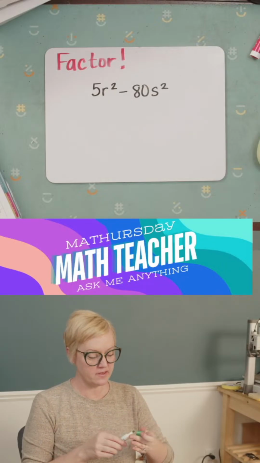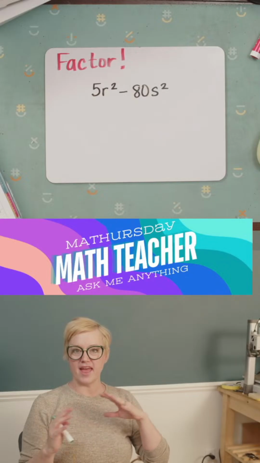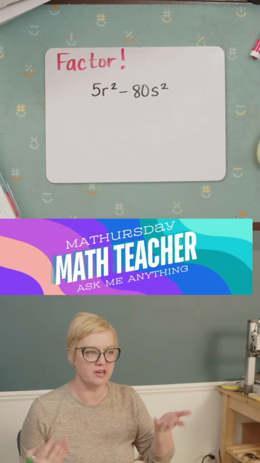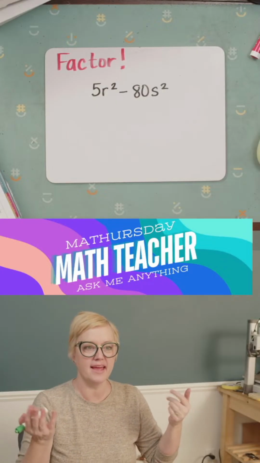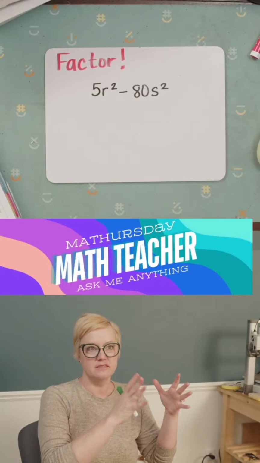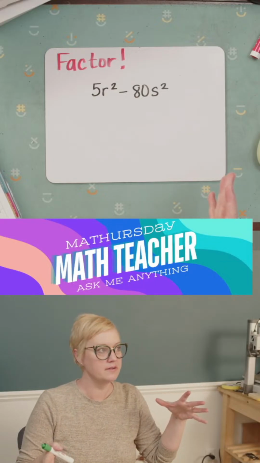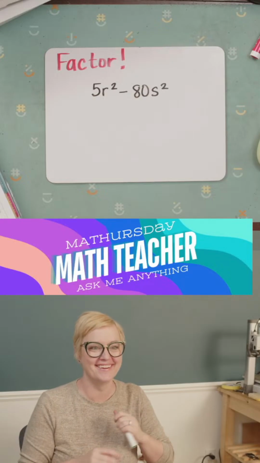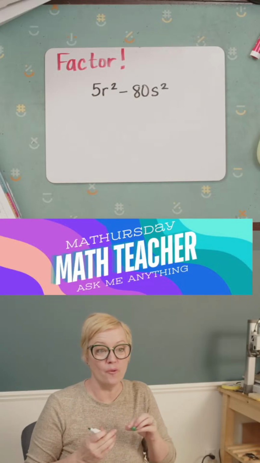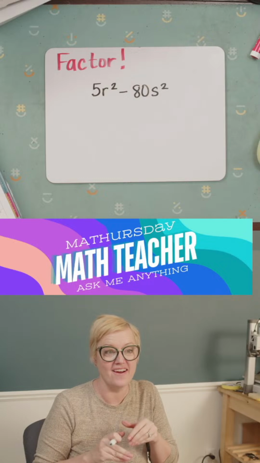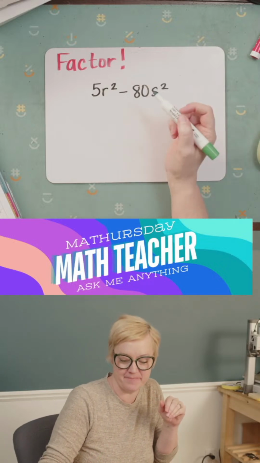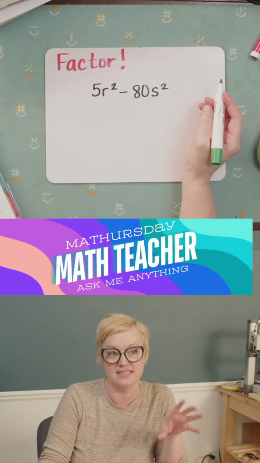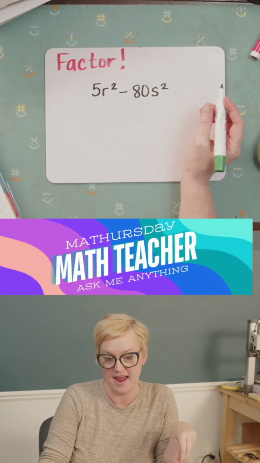All right, so factoring of anything is just rewriting an expression or part of an equation as things multiplied together. Okay. The first thing we want to look for is the GCF, which is the greatest common factor.